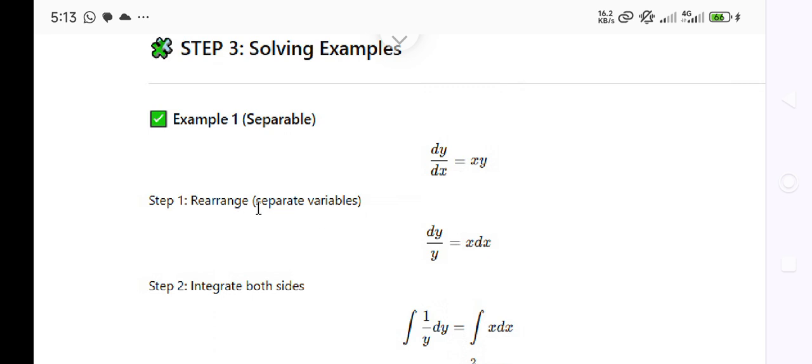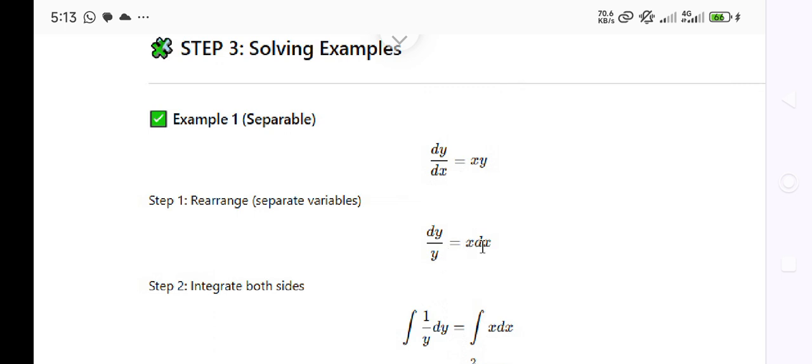That's separating the variables. We want to rearrange so that each variable will be with its own neighbor. First of all, divide both sides by y. If you do that, you have the dy over y, and then the dx meets the other side, you have x dx.